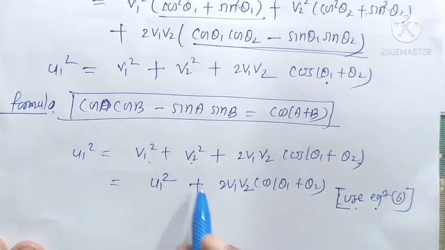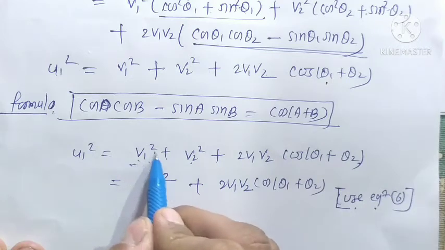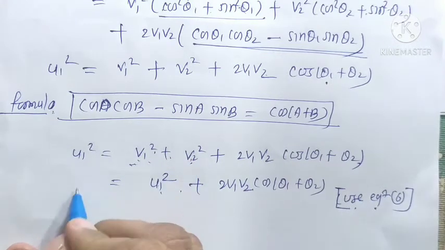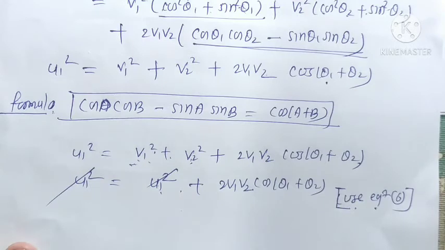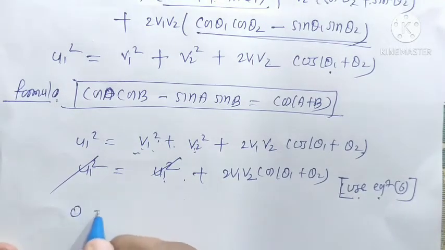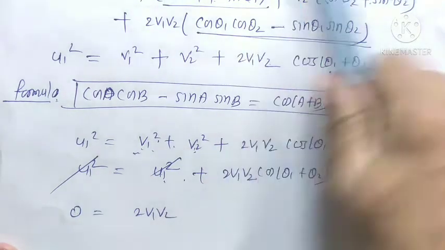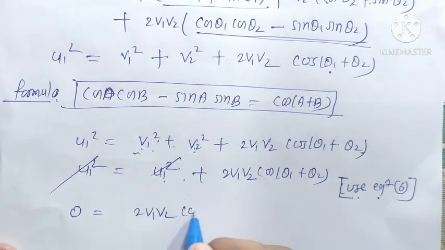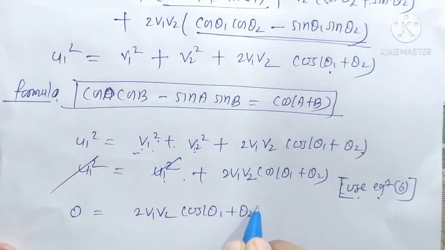With the use of equation number 6 we can write v1 square + v2 square = u1 square, so u1 square cancels on both sides. So 0 = 2 v1 v2 cos(theta 1 + theta 2).